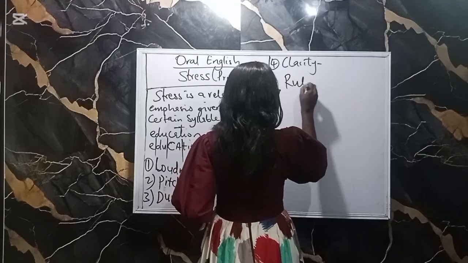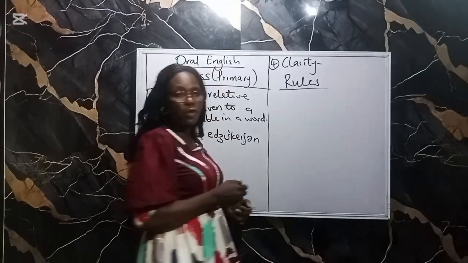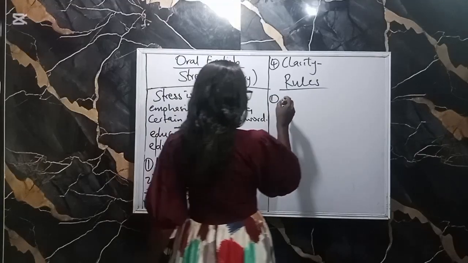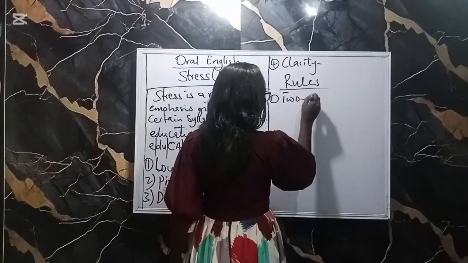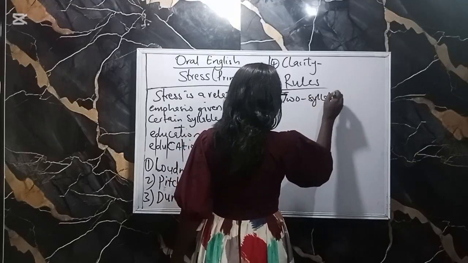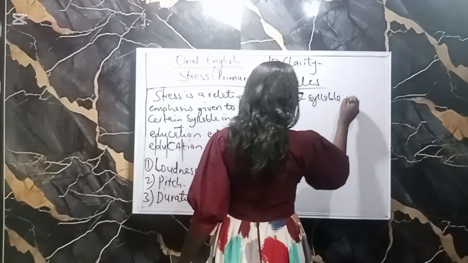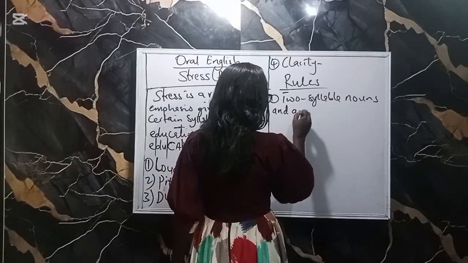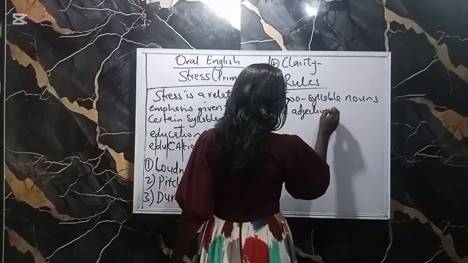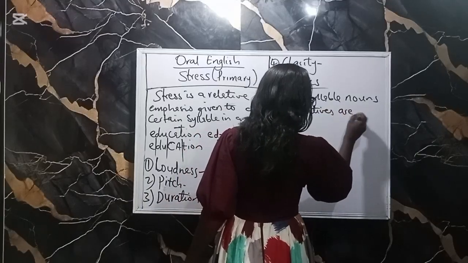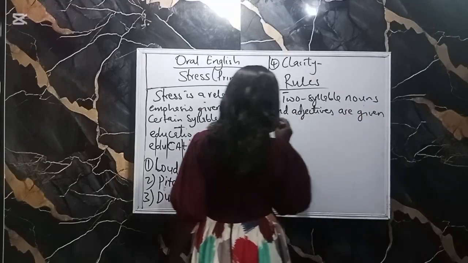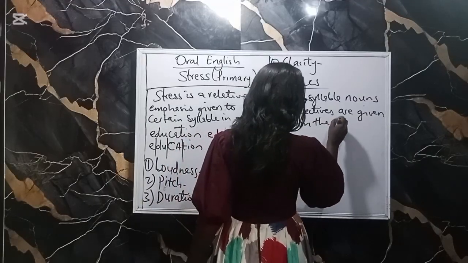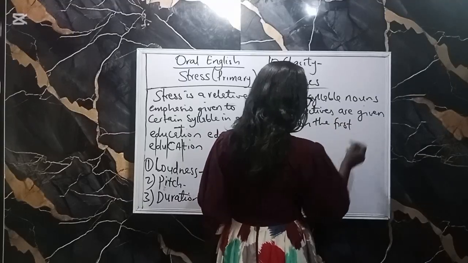Now let's look at rules guiding stress. I'll give you about 4 rules. One of them is that two syllable nouns and adjectives are given stress on the first syllable.